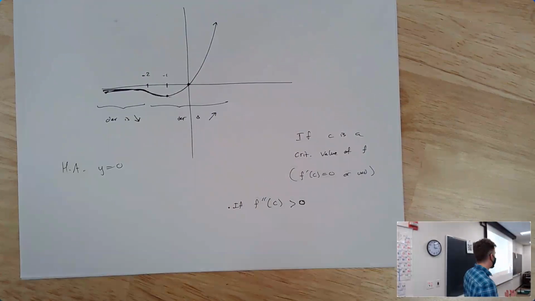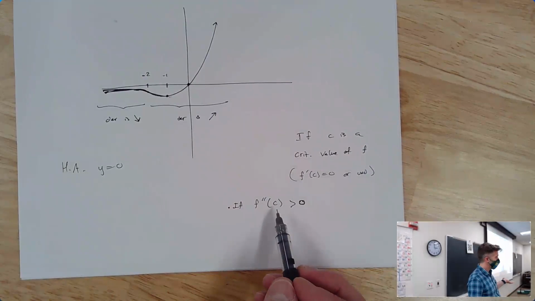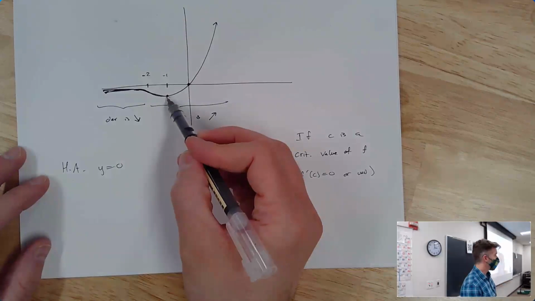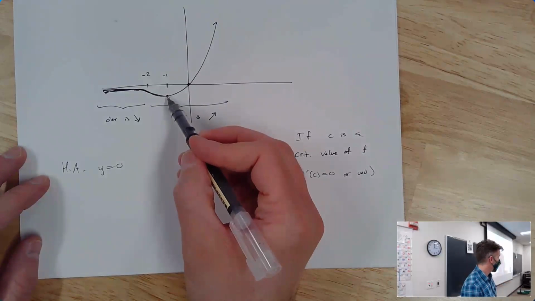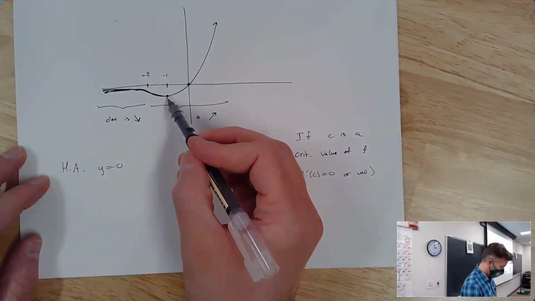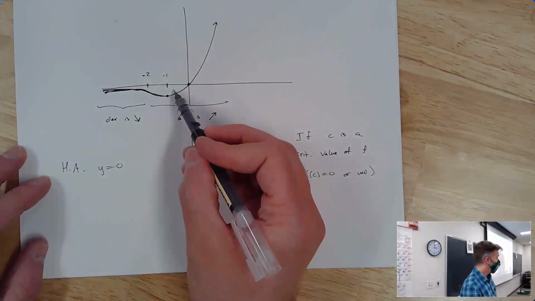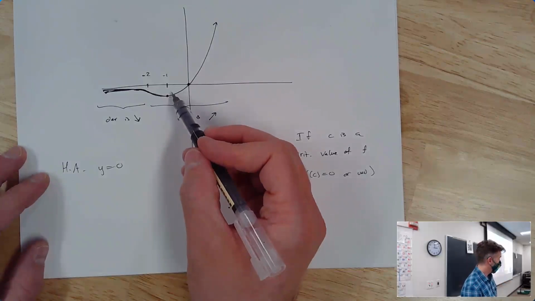We have a point that could be a max or a min, and the second derivative there is concave up. Well, it's a min. If it's a critical point, either the derivative is 0 there or it's undefined. The derivative is definitely 0 there, and the function is concave up around it. That means it has to be a minimum. It can't be something else.